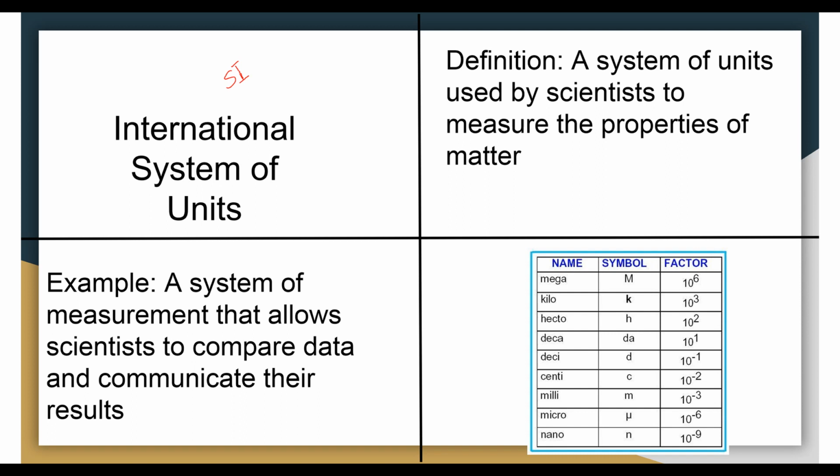Our definition is a system of units used by scientists to measure the properties of matter. So if you forgot, there's the definition for you. It's a specific version of the metric system, basically. The purpose behind it is a system of measurement that allows scientists to compare data and communicate their results. So it's a common language, a common way to report our findings.